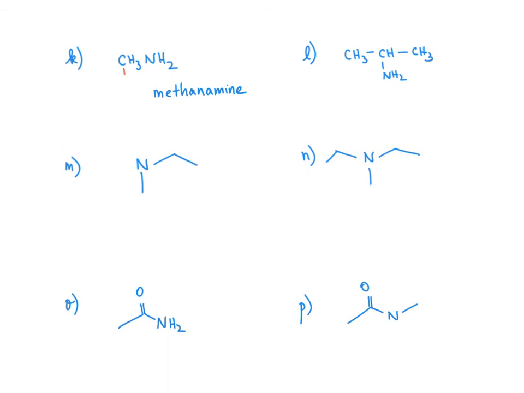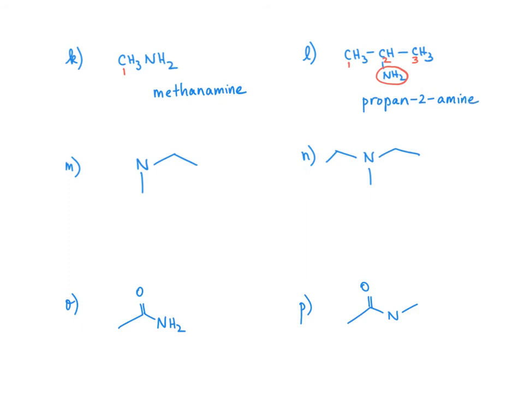Then I look at L, and I see the longest continuous carbon chain, 1, 2, 3, that puts the amino functional group off of carbon 2. So I have P, which stands for prop. Instead of propane, I drop the E, and now I can indicate where that functional group is.